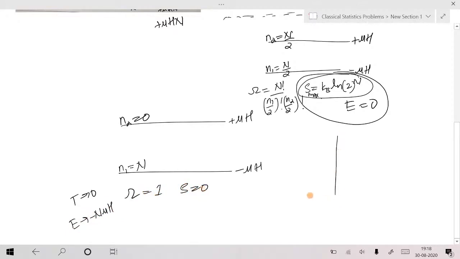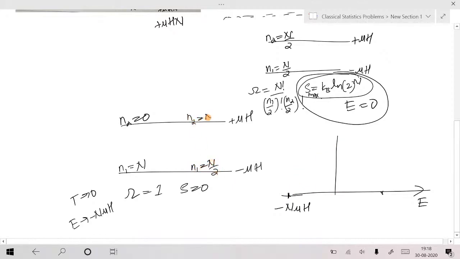Let me start with this one. This is your energy, so somewhere here you have minus n mu h. Your entropy is 0 here, and when entropy will touch some maximum value, that is the situation when n1 is equal to n by 2, n2 is equal to n by 2.